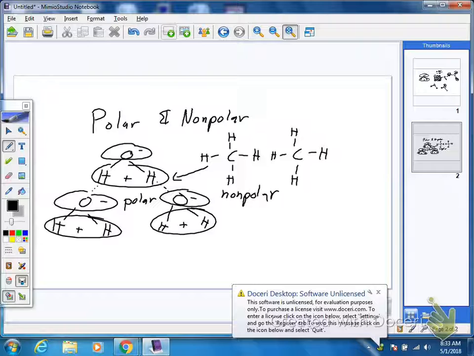If the substance mixed with water, what could it have been? It could have been a polar solute, because polar dissolves polar, right? Or it could have been what?